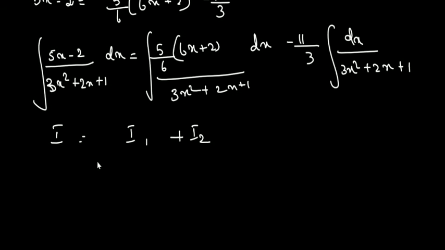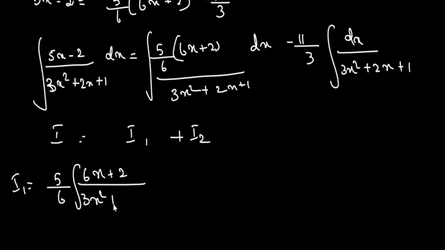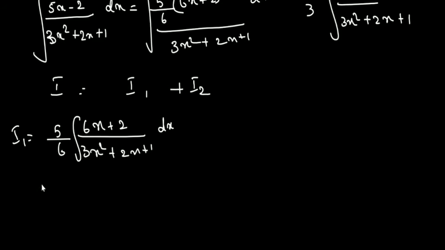So I1 is 5 by 6 integral of (6x plus 2) by (3x square plus 2x plus 1) dx. Now you know that the differentiation of the denominator is there in the numerator, so we can write straight away the answer as 5 by 6 log of (3x square plus 2x plus 1).